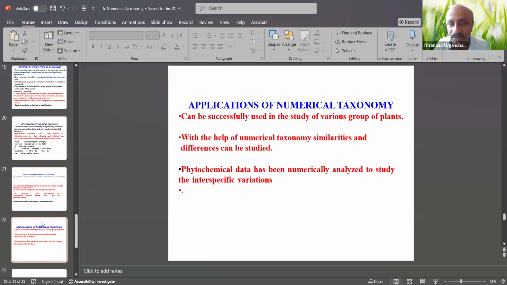First, with the help of numerical taxonomy, the similarities and dissimilarities can be studied, and phytochemical data has been numerically analyzed to study the interspecific variations. All of these qualities are the basis of the classification called phylogenetic or APG, the fourth group of classification.